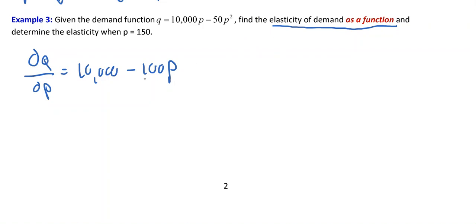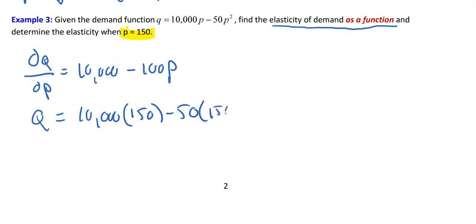So q then is going to be equal to 10,000 times, what do we have? P is equal to 150, minus 50 times 150 squared, and that ends up being equal to 375,000.